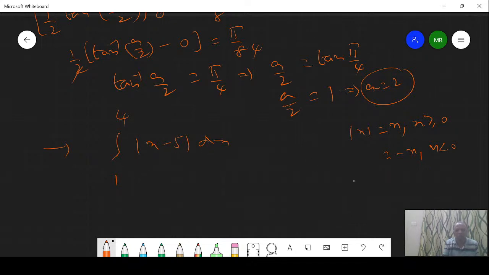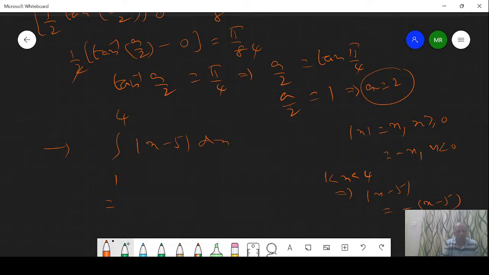But between 1 and 4, x minus 5 gives negative, because 1 is less than x less than 4. In this case, mod x minus 5 will become minus of x minus 5.